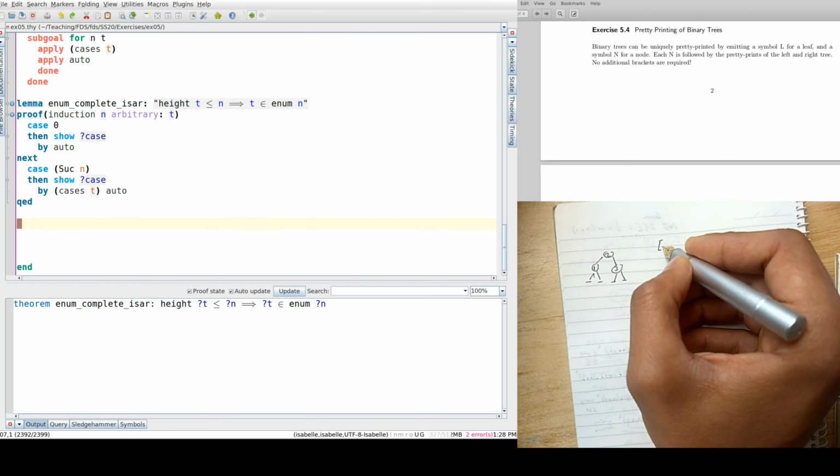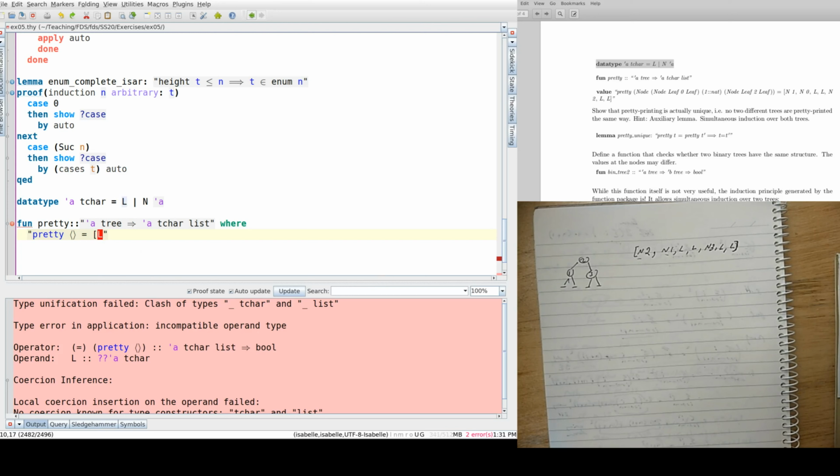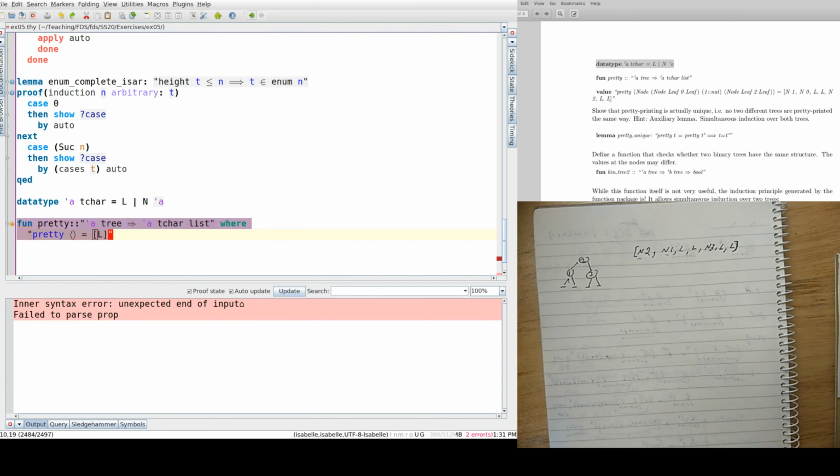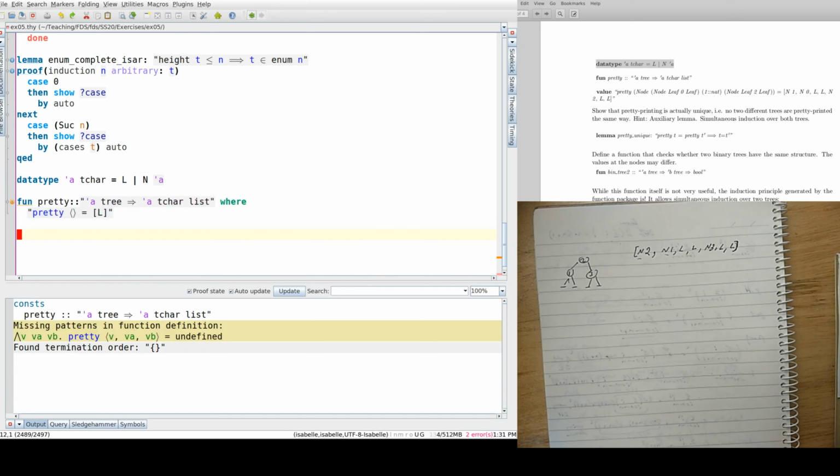should be like this. So pretty should be recursive on the tree. So pretty of a leaf equals L. Yeah, singleton list of L, of course, because we were opening here list.